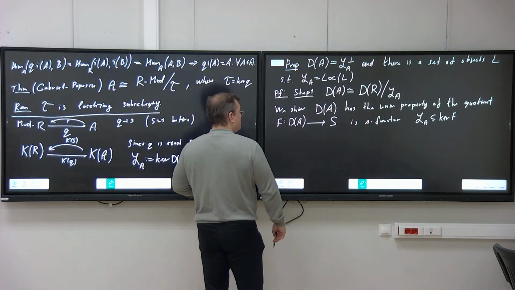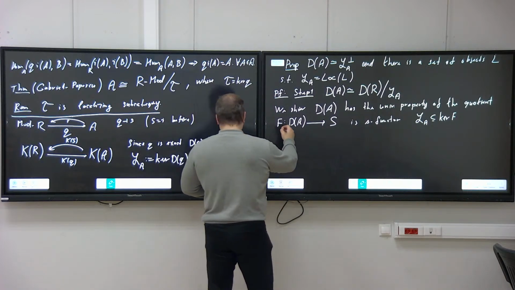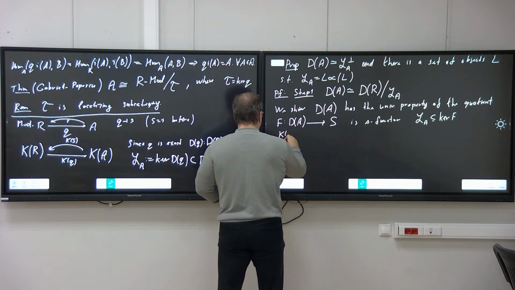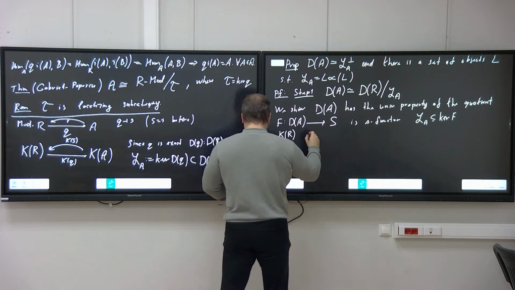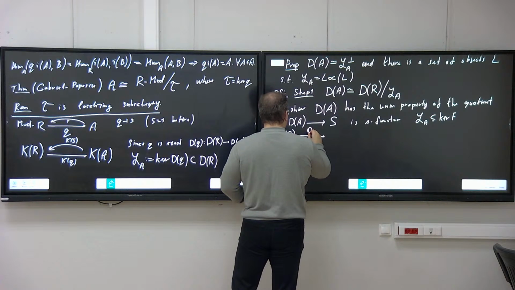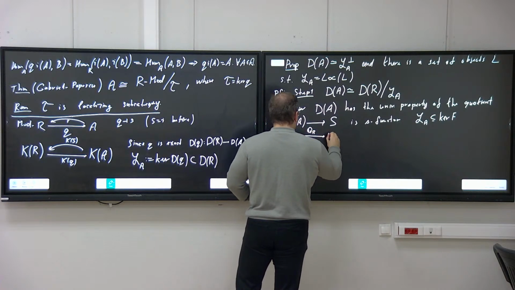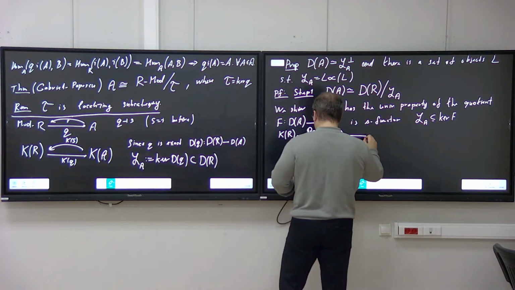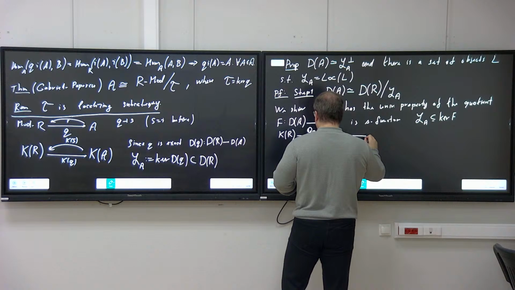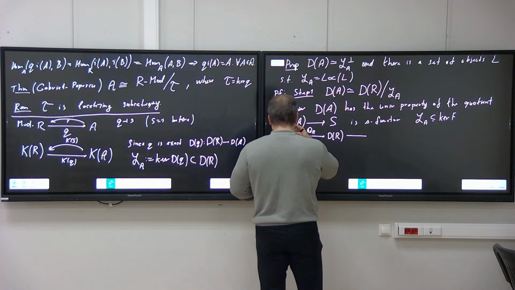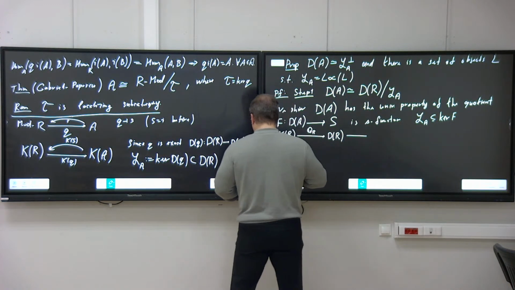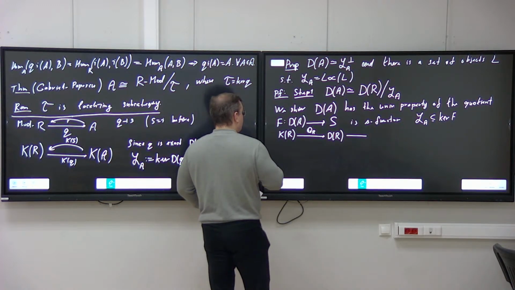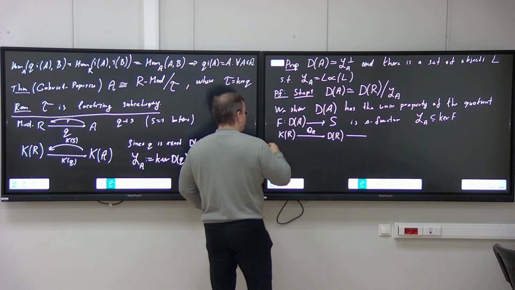So I have two diagrams from which I can see what I need to show. I have the homotopy category of the ring R. Then there is a functor Q_R to the derived category of the ring R. Sorry, this functor F is not from the derived category of A. This is from the derived category of R, of course.